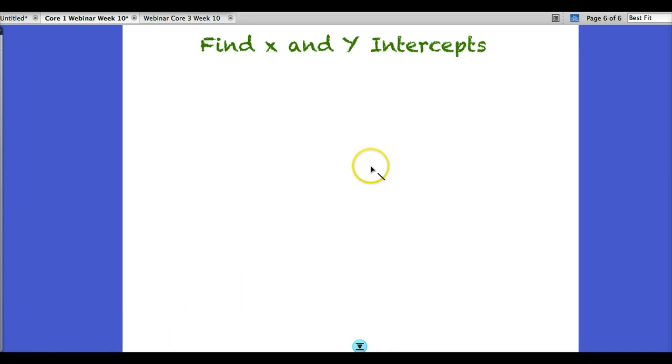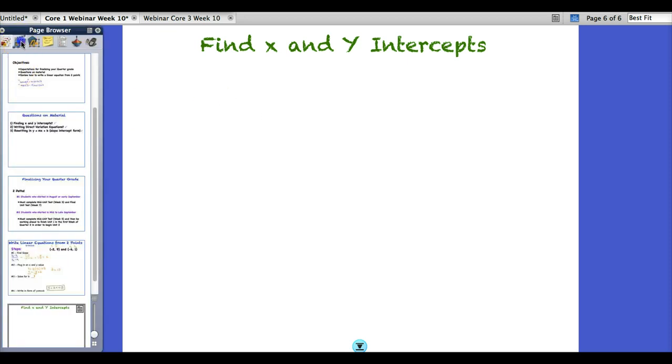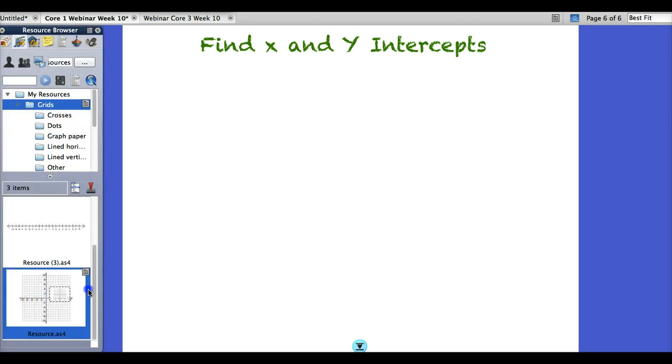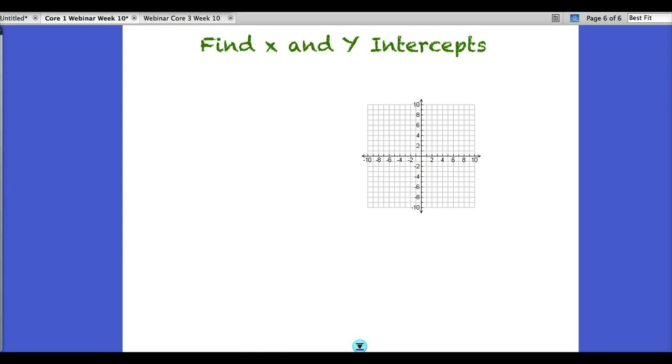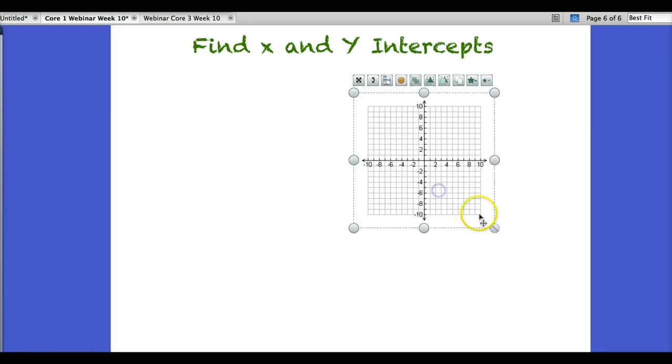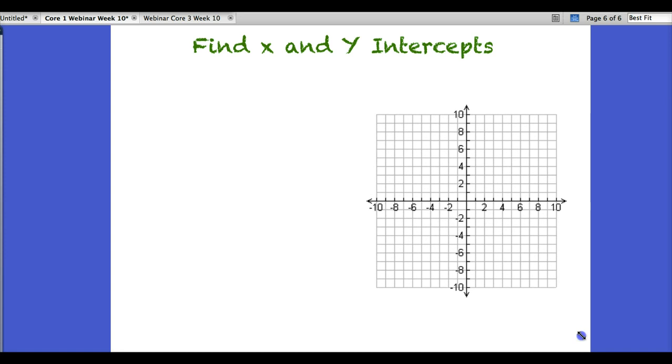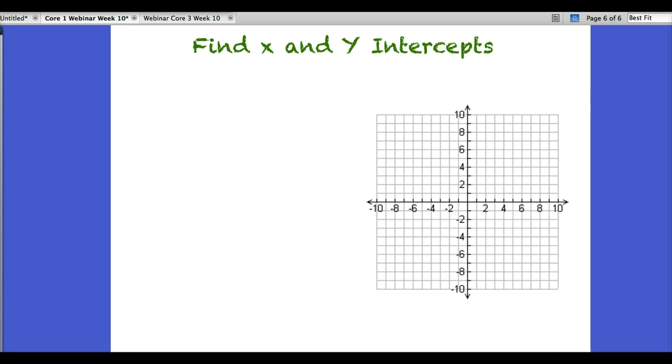Nobody is typing. So let me just make a little graph for you guys here. How about, I'll pull one over so you guys can see a graph. Okay. Let's make it a little bit bigger. There we go. So say I'm finding my x-intercepts, right? That's somewhere here on the x-axis.